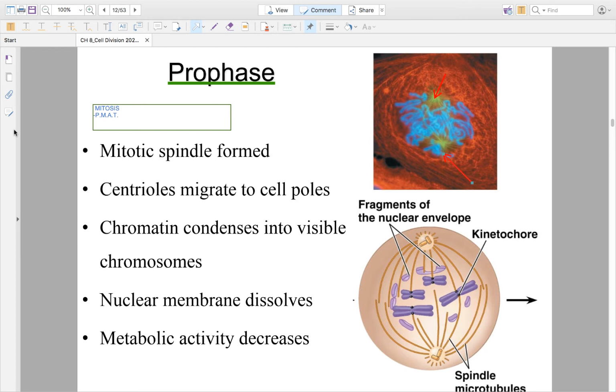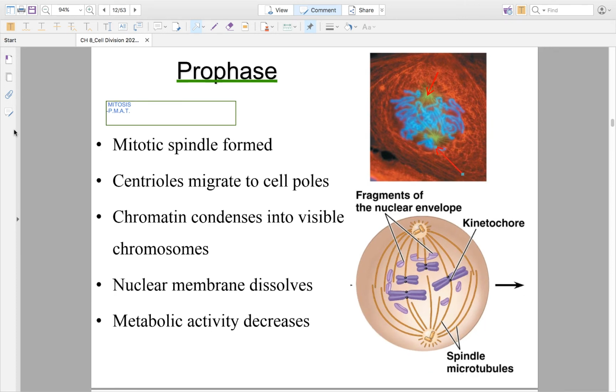So there are certain ways to remember all of the steps. In prophase, the following occurs. Something called the mitotic spindle is going to form. What is that? Well, that's this. See these little guys right here? These are called the centrioles. And they're not usually in that position.